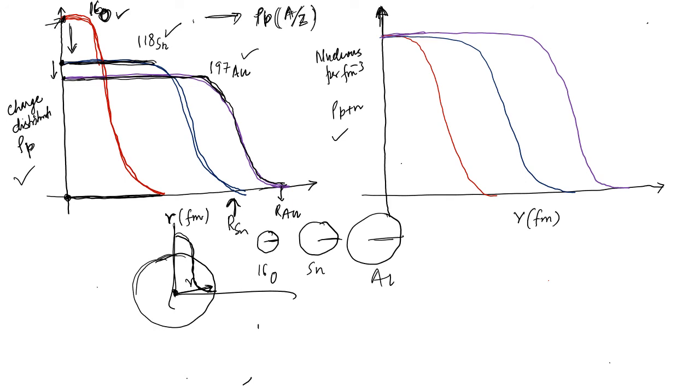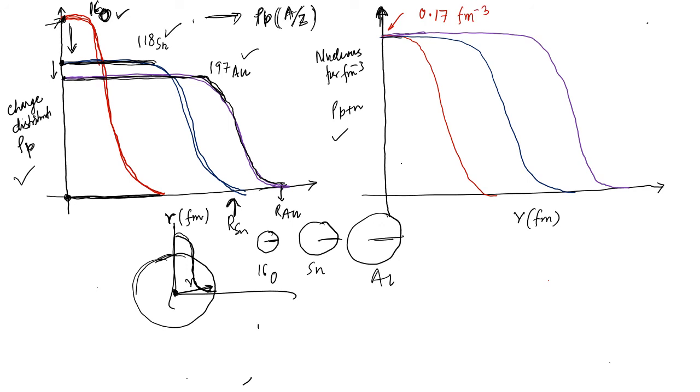Okay, but if you see the matter distribution at the center, the matter density is almost the same. This is 0.17 Fermi minus cube.